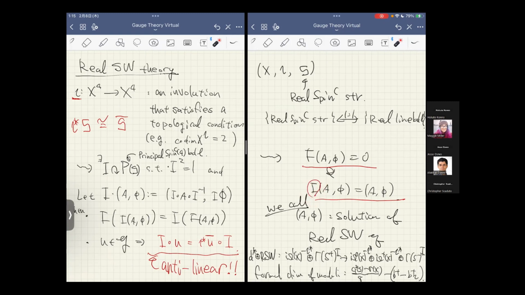If a solution of the Seiberg-Witten equations is fixed by capital I, then we call this a solution of the real Seiberg-Witten equations.